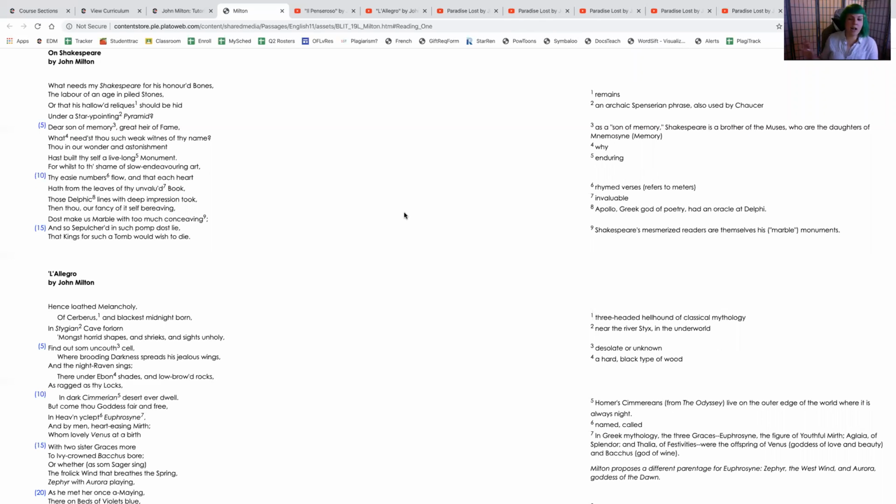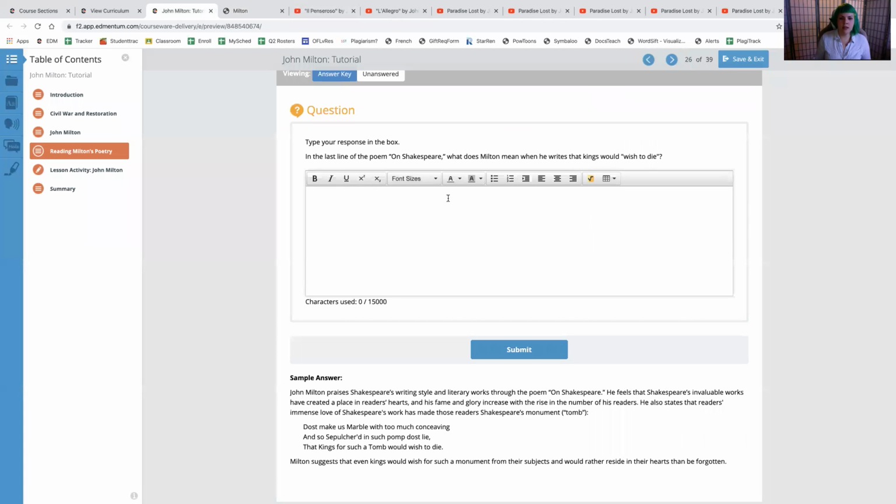And so he's basically bringing up this idea that Shakespeare has been immortalized by his work, and he's saying that's how you become immortal. And so one of the things I asked you here, what does he mean when he writes that kings would wish to die?